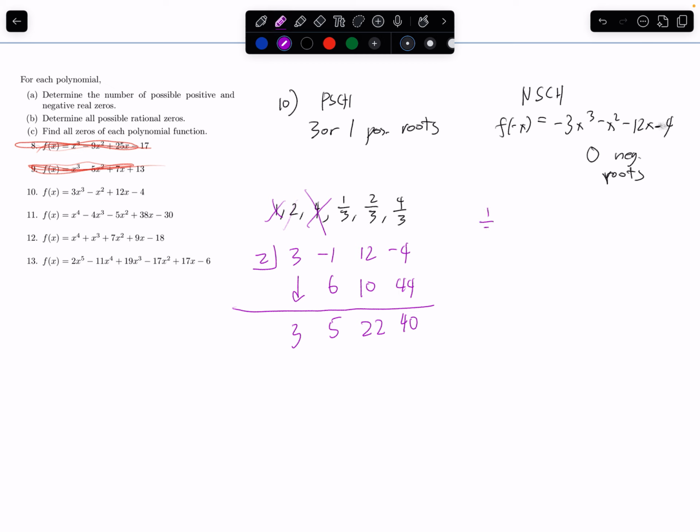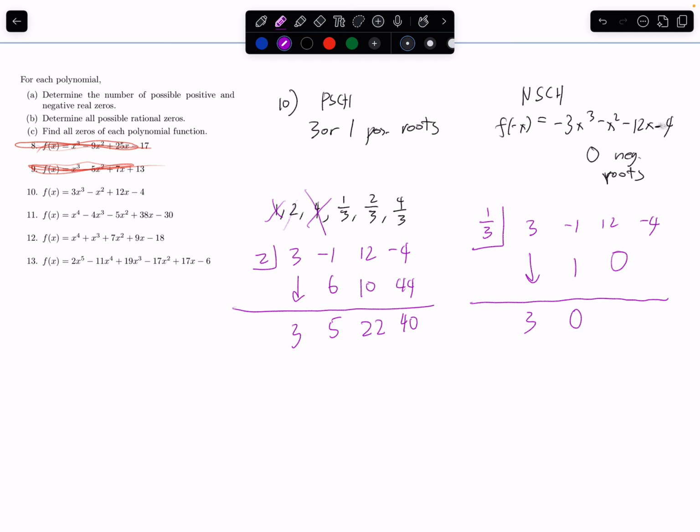Let's start with 1/3. What is it? 3, -1, 12, -4. 3 comes down, times 1/3 is 1. 1 plus -1 is 0. Times 1/3 is 0.